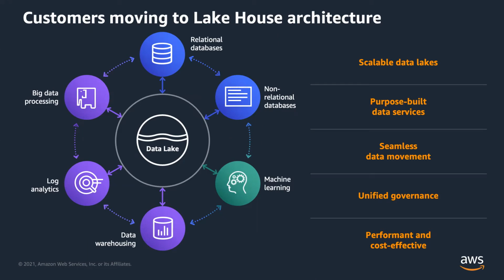And we, as AWS, want to provide the customer the choice to use the right cloud service that gives them low cost without having to compromise on scale. So we call this the modern cloud-based analytical architecture, the lakehouse architecture.